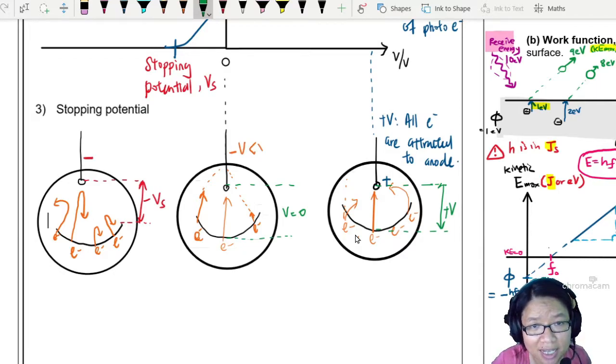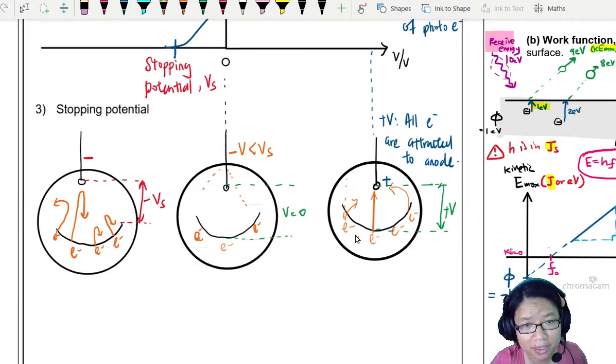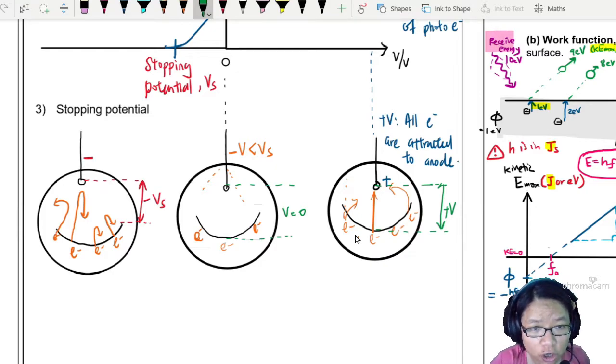Okay, so right now, even if I change this to slightly negative V, but this is less than Vs, this also means that some of the electrons will have enough energy and can reach.